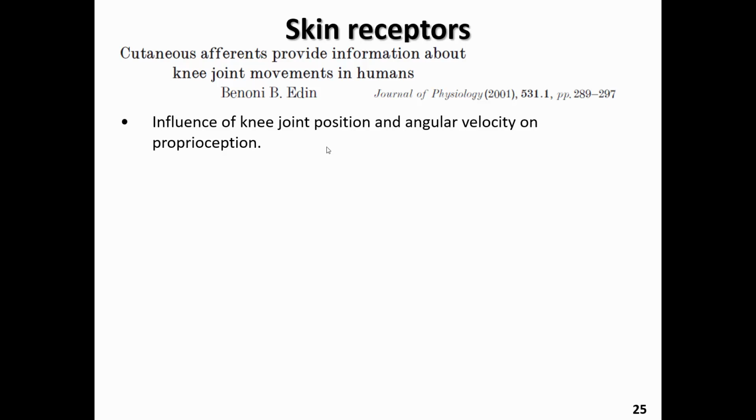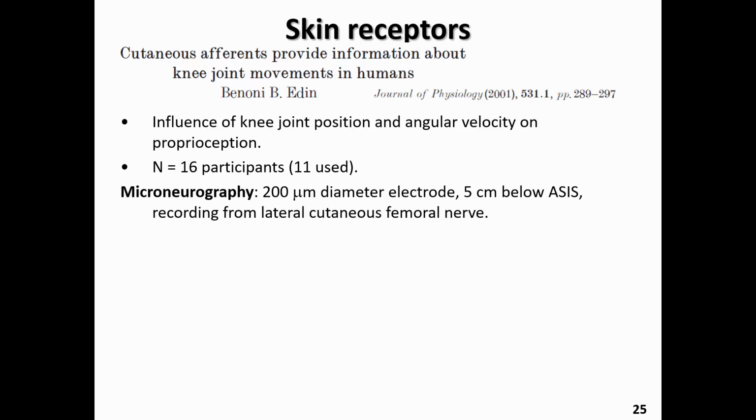We won't focus on all of the results, but as part of this study, the researchers examined the receptive fields and attempted to map out the receptive field of the thigh. Sixteen participants volunteered for this study, and the data of 11 of those participants were able to be used.